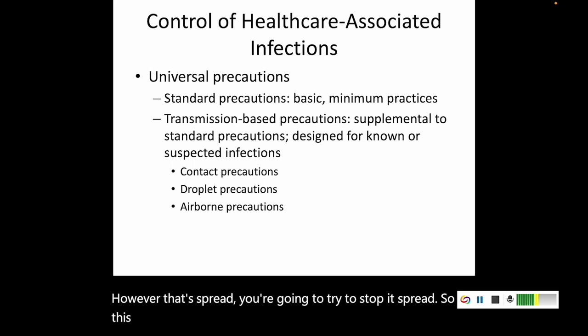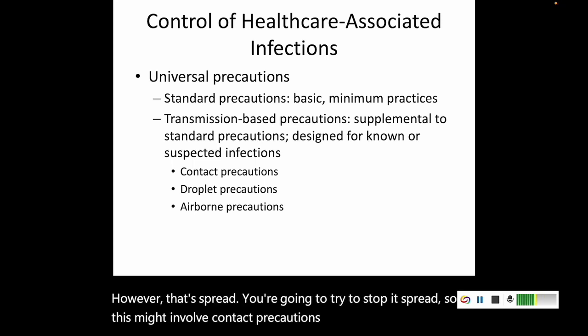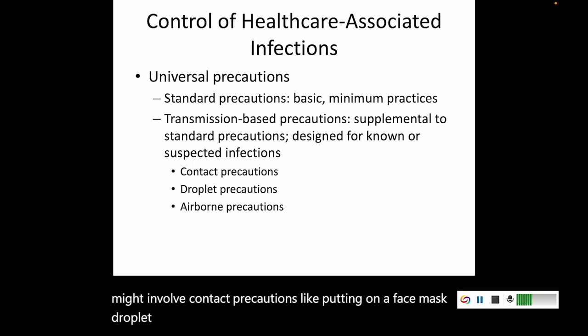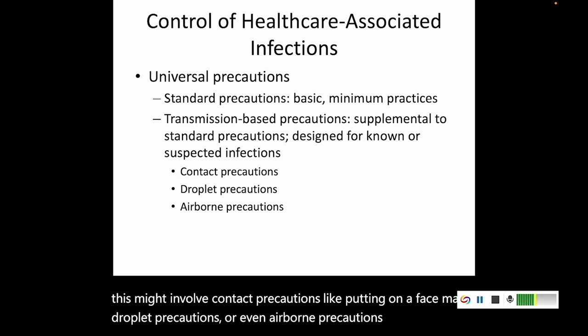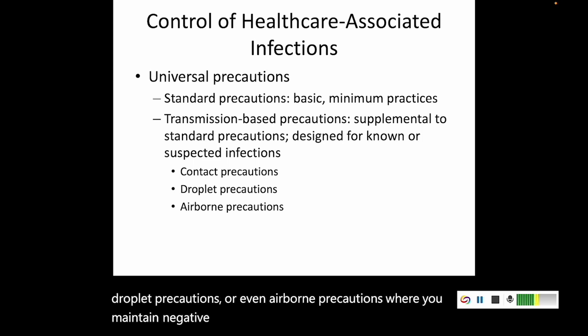So this might involve contact precautions like putting on a face mask, droplet precautions, or even airborne precautions where you maintain negative airflow or positive airflow to control where dust and microbes are able to spread.